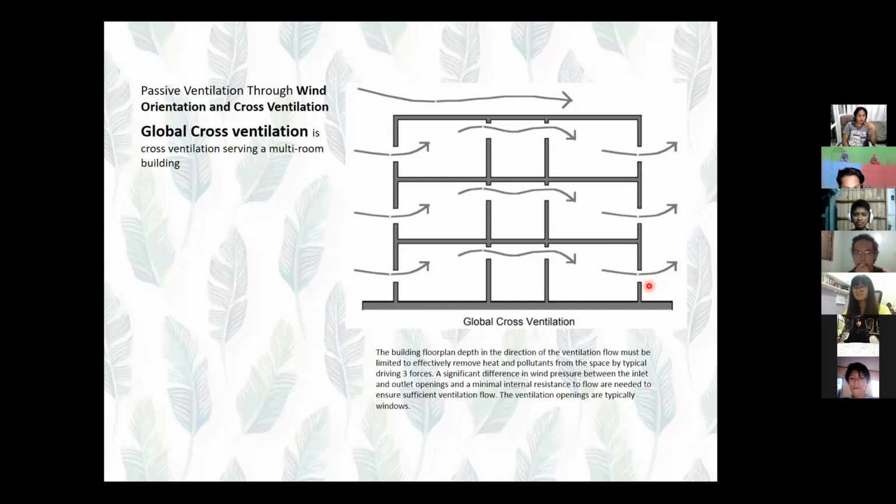But in practical application, you don't just do cross ventilation. For it to be really effective, you need to incorporate cross ventilation and then the stack effect. Okay? I see. Thank you, sir.